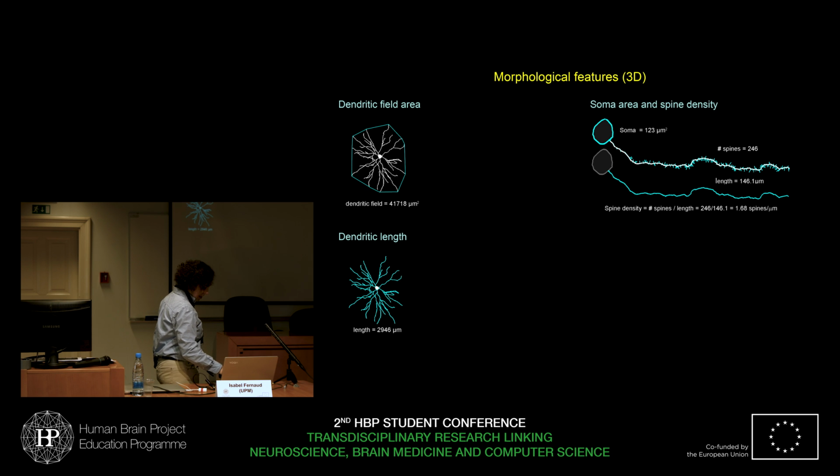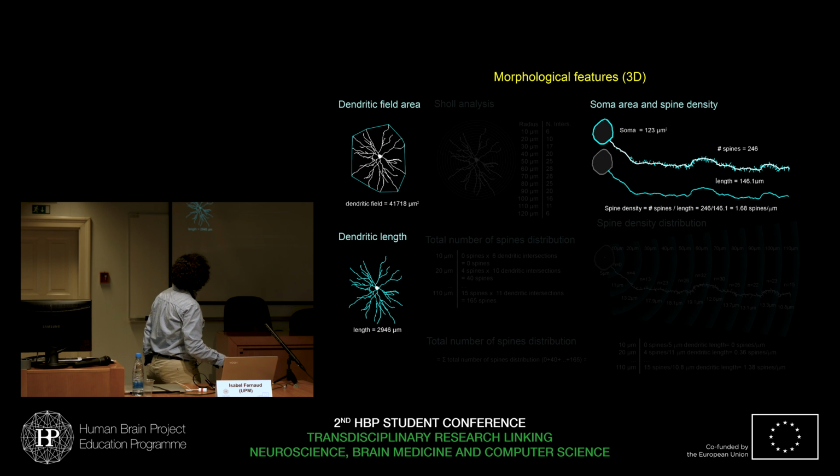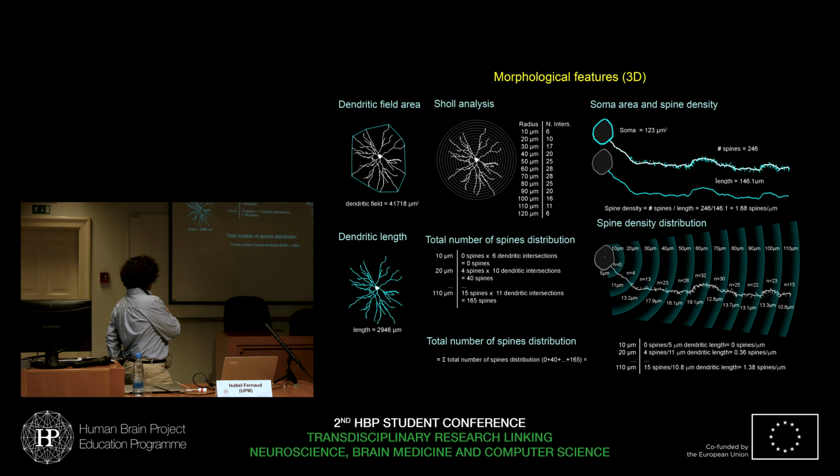And then you have another very useful tool that is Sholl analysis. I don't know if you have heard of it, if you have worked with it, but basically it creates a number of nested concentric spheres centered in the soma, so you can study the morphological features in these spheres, whose radius you can establish depending on what you want to study.